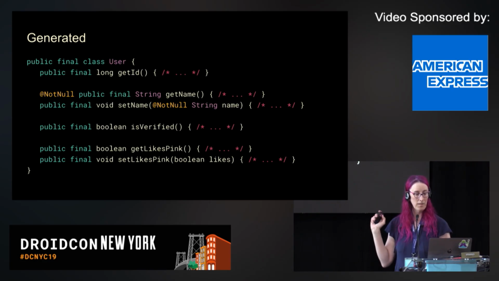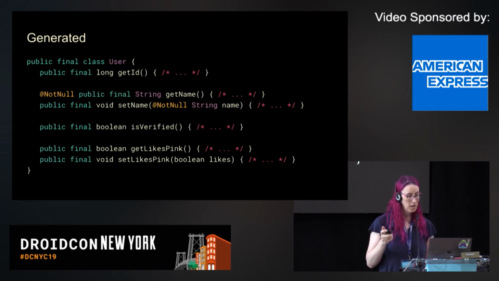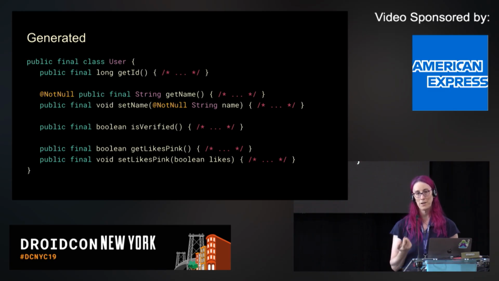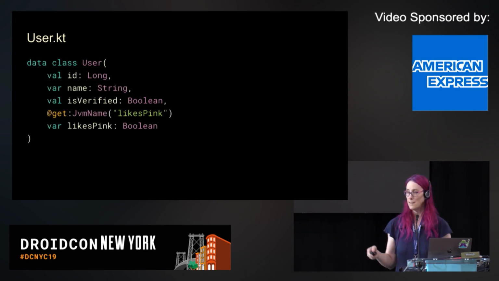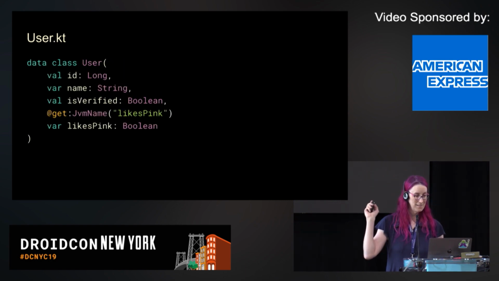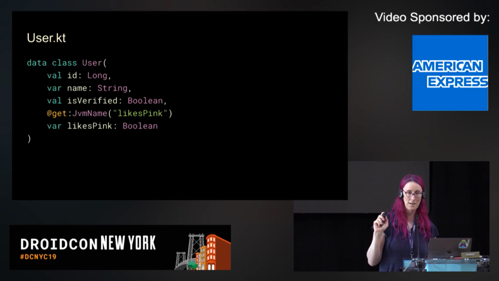And then we've got getLikesPink and setLikesPink. But I want to write my code where I can say if user.likesPink. So I can annotate the getter, and I can change the getter with JvmName.